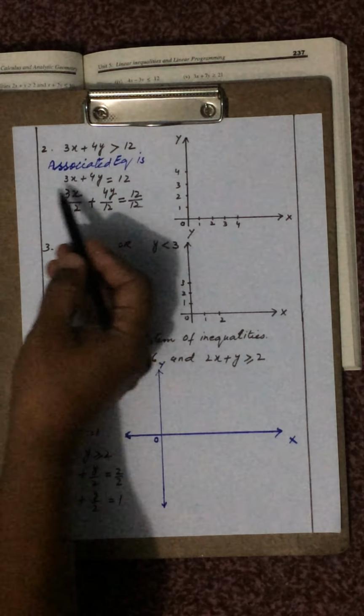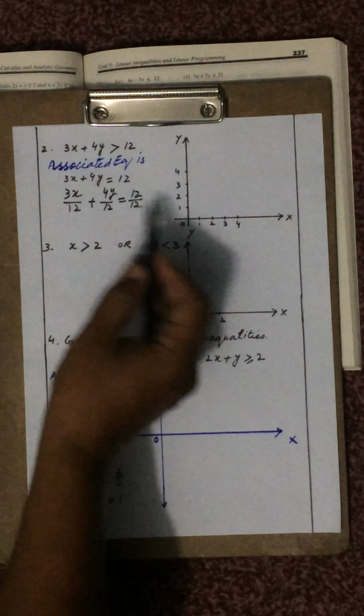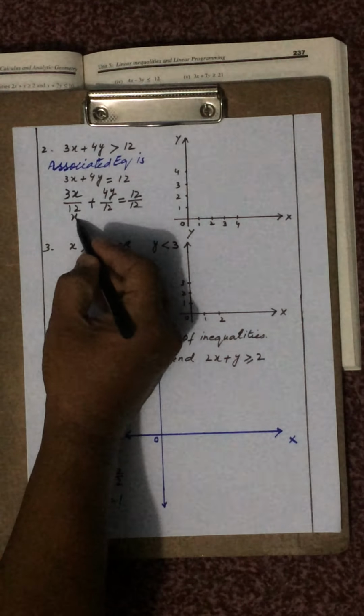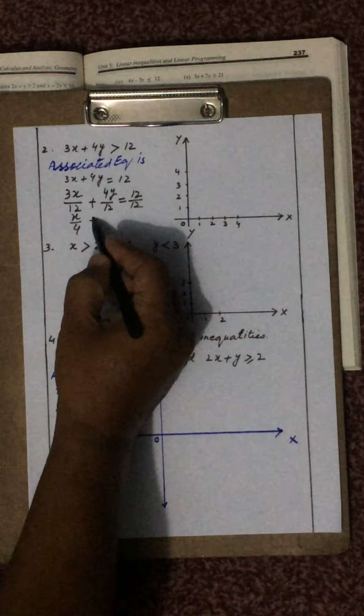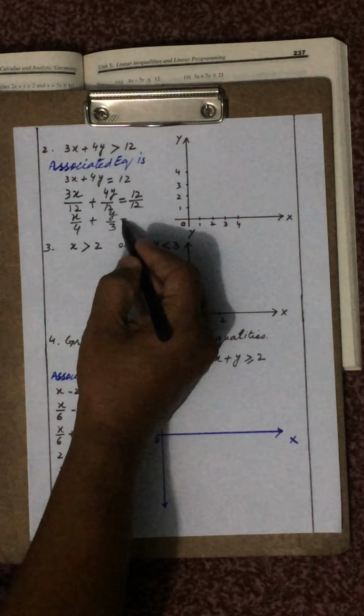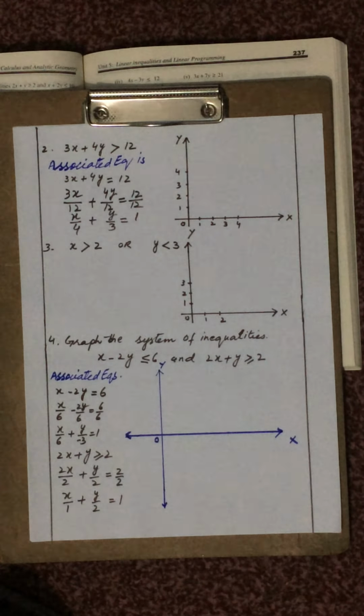If there is 10, then we divide the whole equation by 10. If there is 8, then we divide the whole equation by 8. We get x over 4 plus y over 3 equals 1. So this is the equation in two-intercept form.